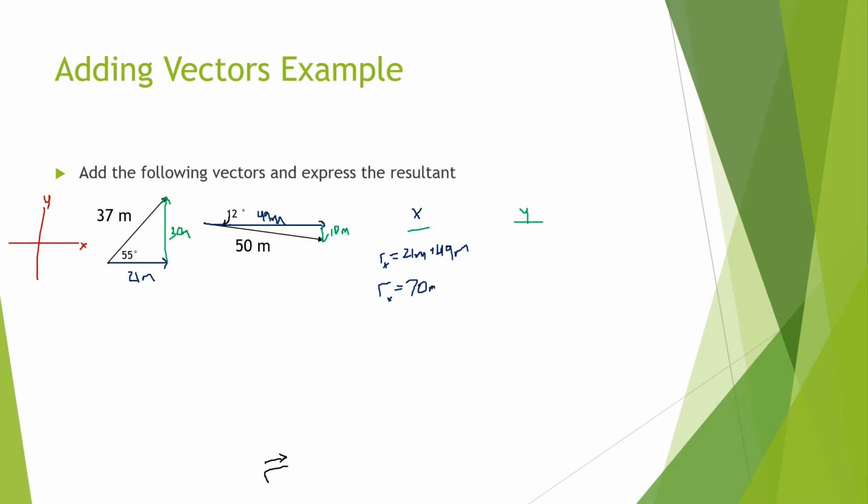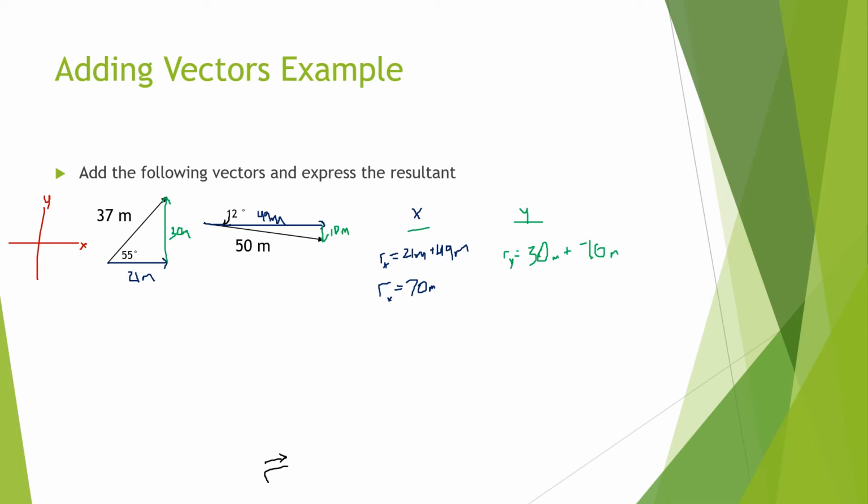And then for the y component, I notice I have two going different directions this time. I have one going up, and I remember I've defined up as positive, so I'll go ahead and list it first. So I have 30 meters as a positive number, and then I'm going to add the other value, but since it's pointing down, it's actually a negative 10.